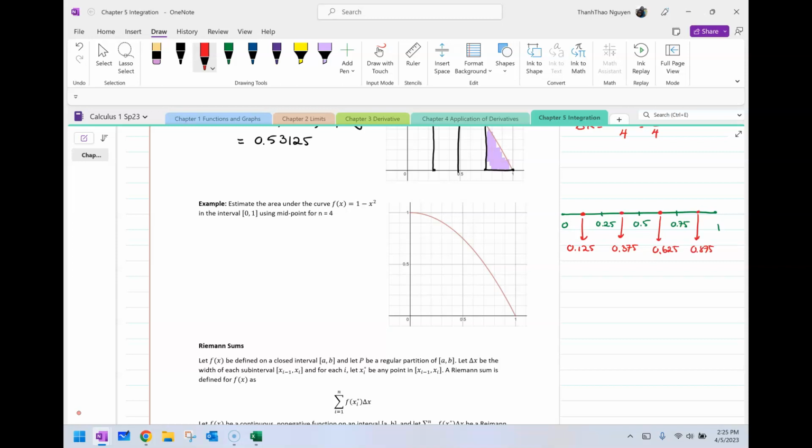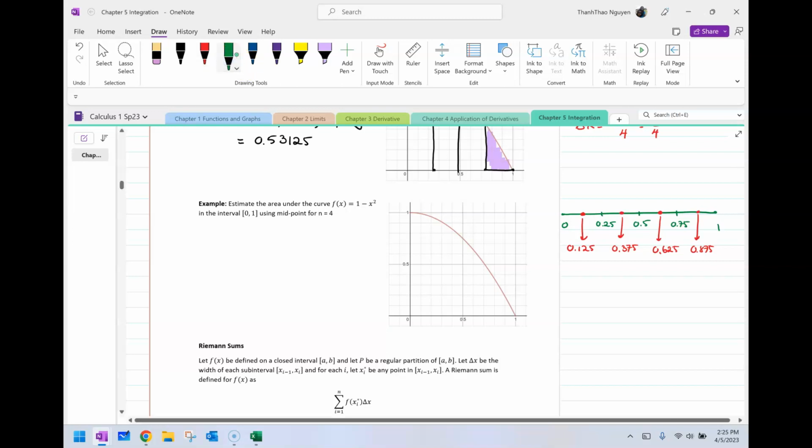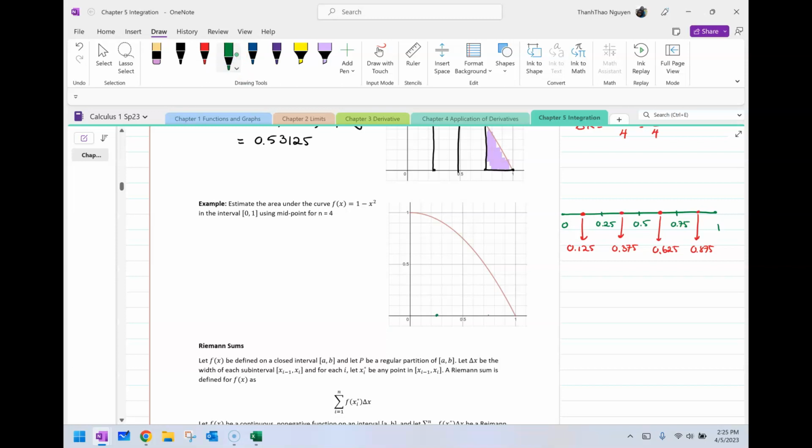Okay. So let's draw this in. First, we go ahead and divide our number line into 4 equal parts. And then we put in the midpoints. And we draw our rectangles according to the midpoints.